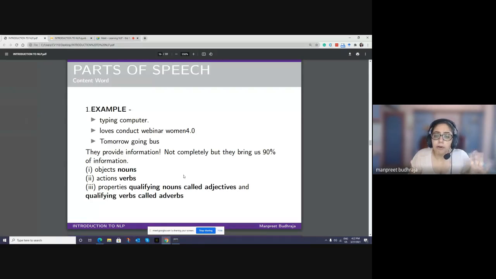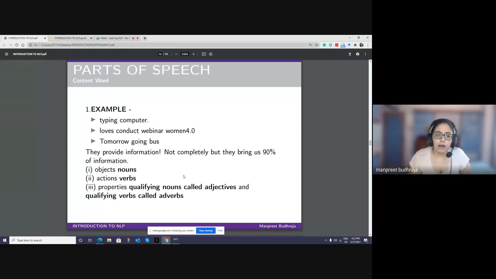They provide you some information. Typing computer is some information. Loves to conduct webinar is some information. Tomorrow going bus is one information, but it's not a whole complete information about anything. So these are generally your nouns, verbs, adjectives and adverbs in your content words.